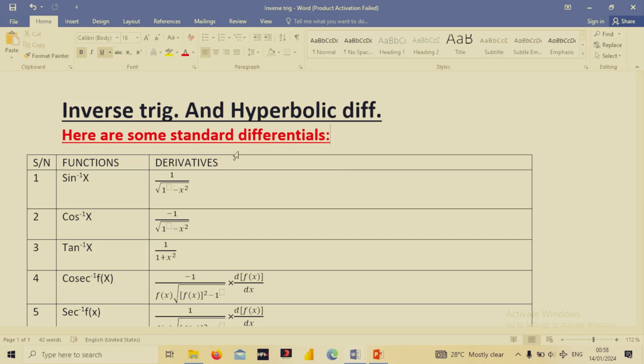Today, I brought before you some standard differentials on inverse trig and hyperbolic differentiation. Why I arranged this today, I discovered that there are some students who find it difficult to solve some questions just because they don't have the idea of these standard differentials.